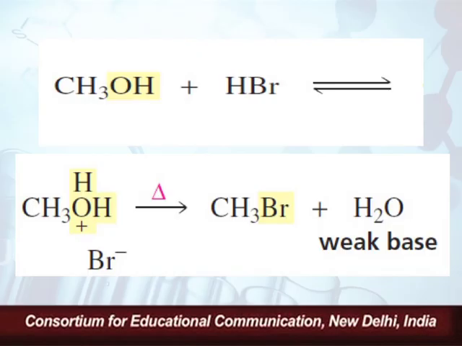Here again you can see on your screen the reaction of methanol with HBr. In this reaction, first methanol undergoes protonation, and then on heating, the OH group is converted into a good leaving group and it is eliminated as water molecule, resulting in the formation of methyl bromide.